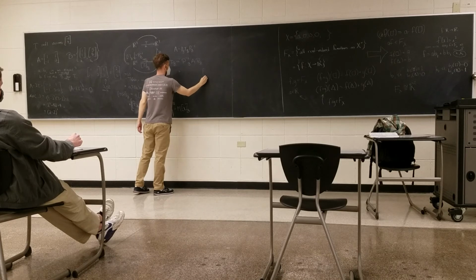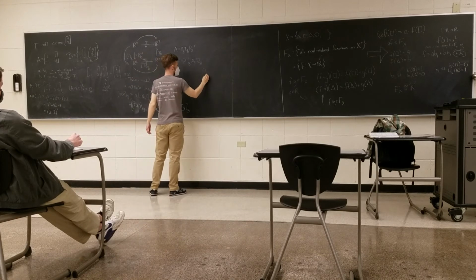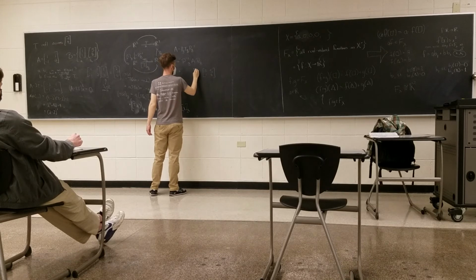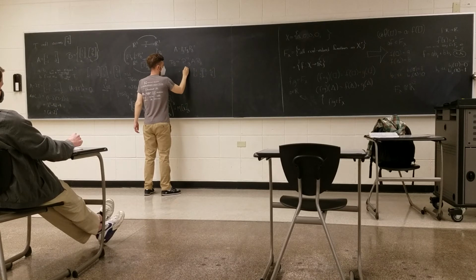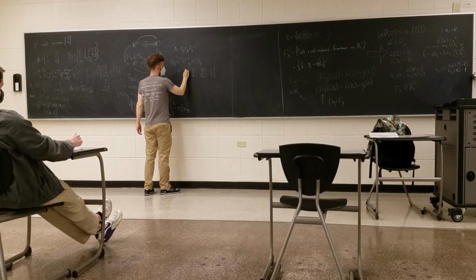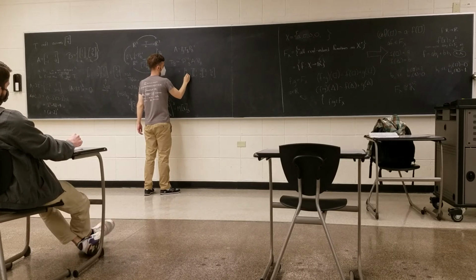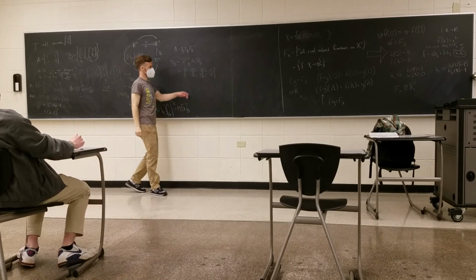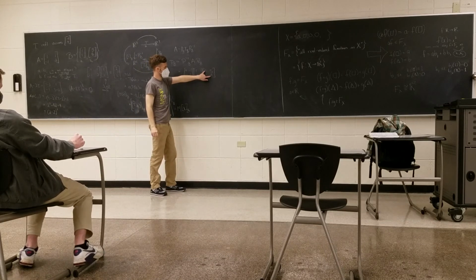So P_B is 1, 1, 5, 4. A was 1, minus 1, 1, 3. And now P_B inverse, I'll compute the integer part of it first, and then I have to figure out what the determinant is and divide by that.